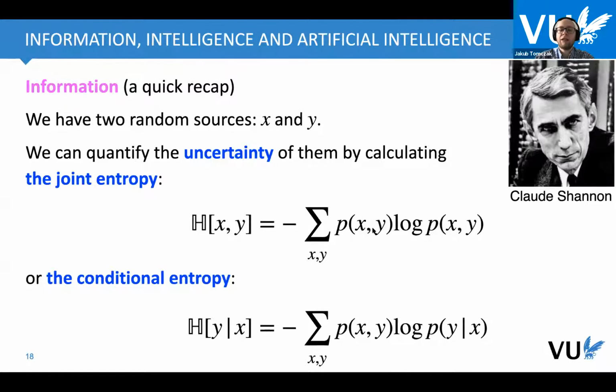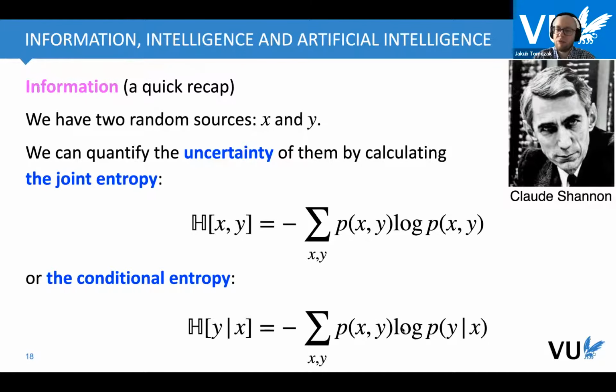So then we can calculate by observing the reality what will happen if the robot, for a given image, will make some action, right? And so this is the joint entropy, and there is also the conditional entropy with a slight difference, that we need to average over all possible states of images and actions.